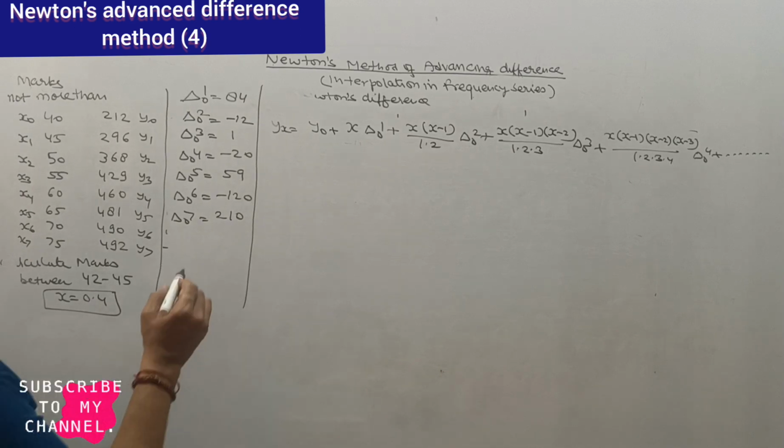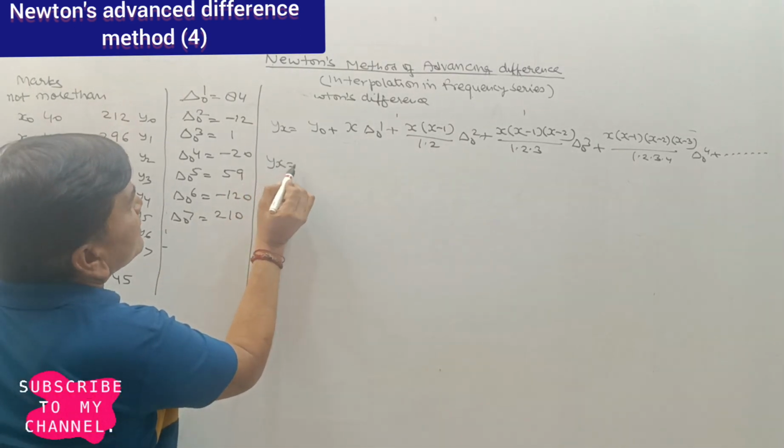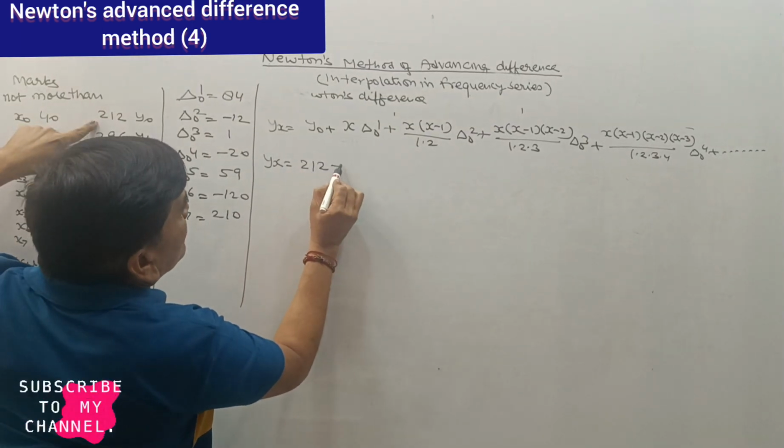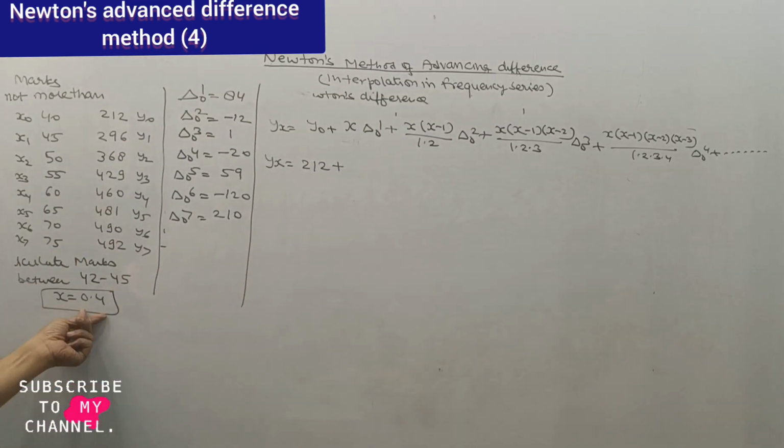So putting the values, y0 value is 212, plus x value is 0.4.